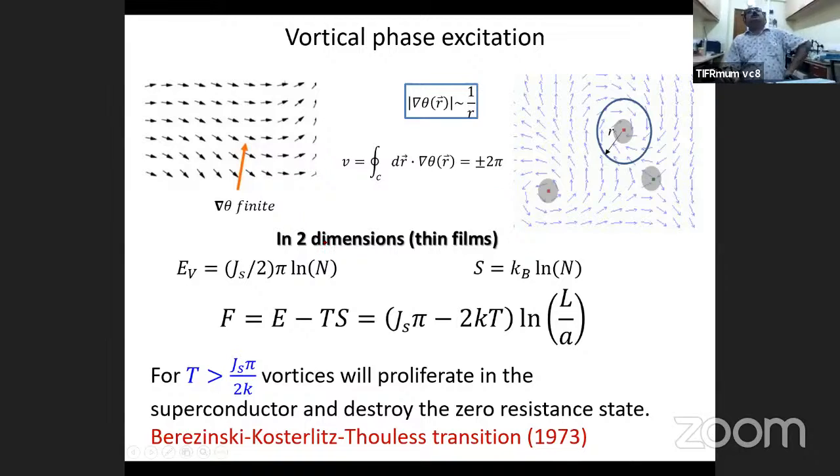This kind of object is called a vortex. It is a very different kind of excitation, a topological excitation, just like the domain wall in the 1D Ising model that we have done before. Just like in the 1D Ising model, where we calculated the energy of the domain wall and then the entropy, let us do the same thing here.